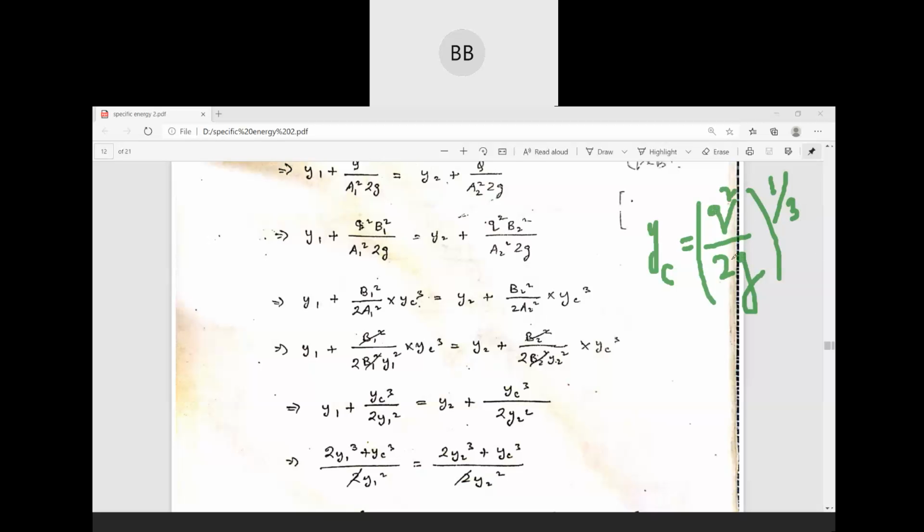Or you can also write this equation like this: yc cube is equal to q square by twice g.